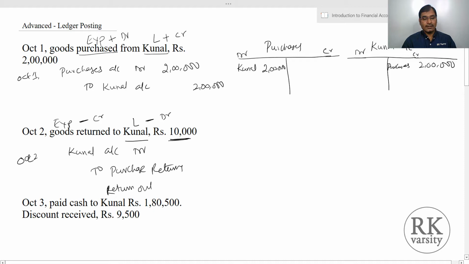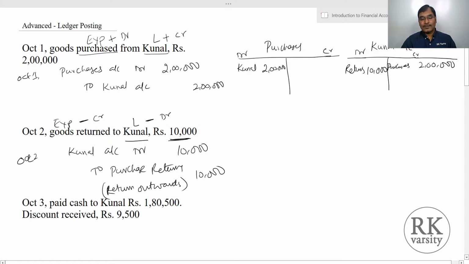Return outwards, because when you are making a purchase, you are bringing those goods from outside, so now you are returning them outside. So the amount is 10,000 and 10,000. We already have a Kunal account. In the Kunal account, what is happening? The liability is decreasing. So here we'll write returns, and the amount is 10,000.